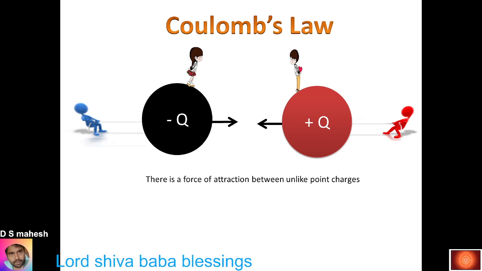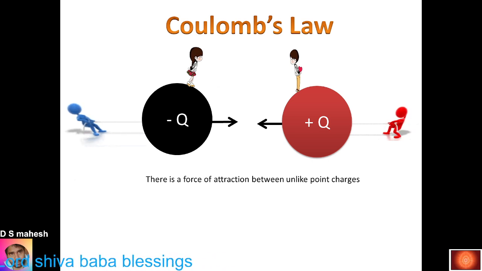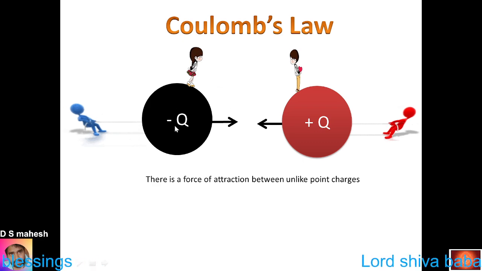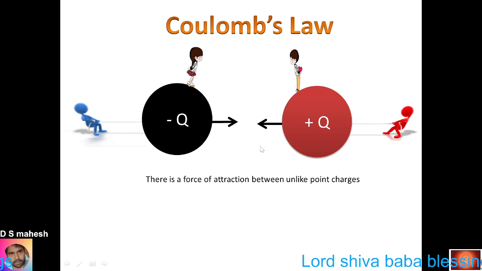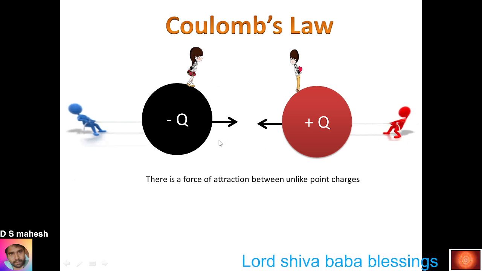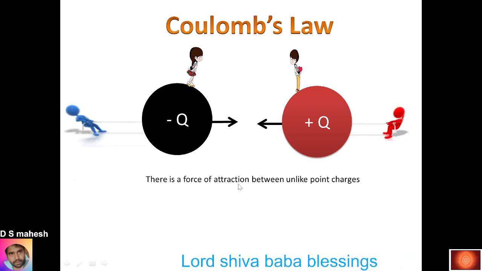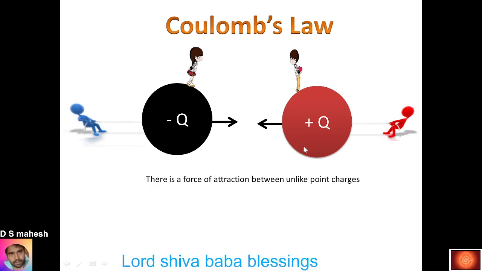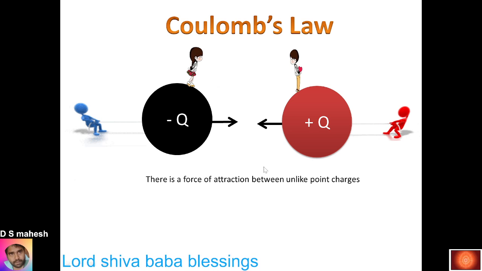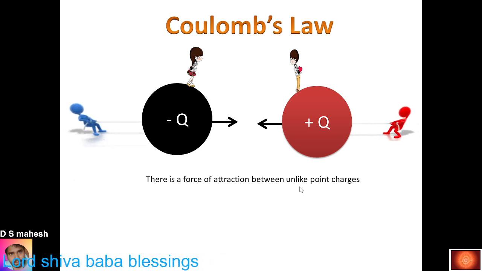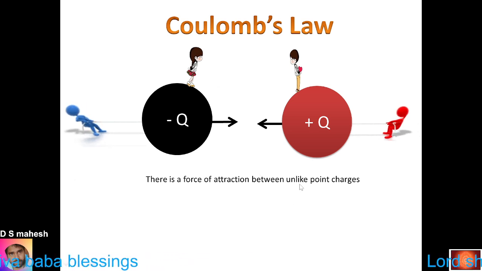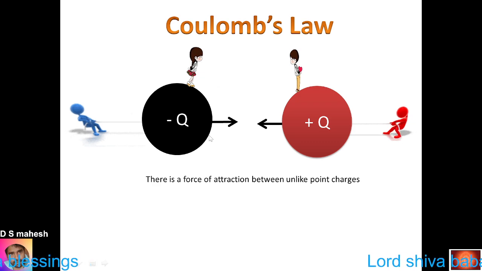So if you are having two unlike charges, for example here, one is a positive charge and the other is a negative charge, if they come closer, then there is a force of attraction between these two charges. So whenever there are unlike point charges, they tend to attract each other.